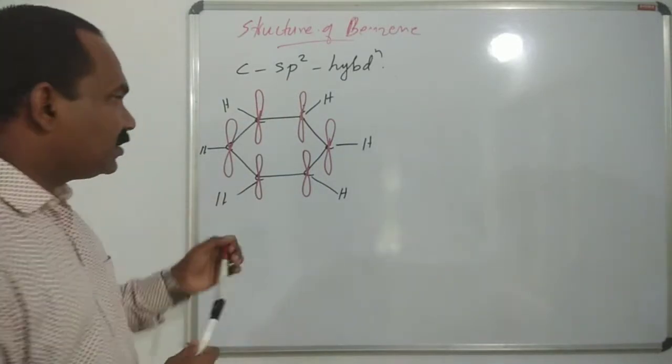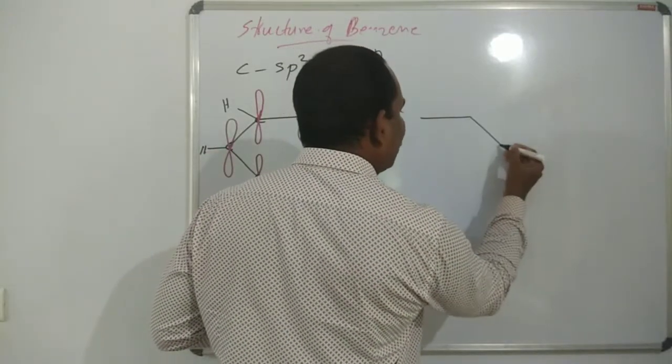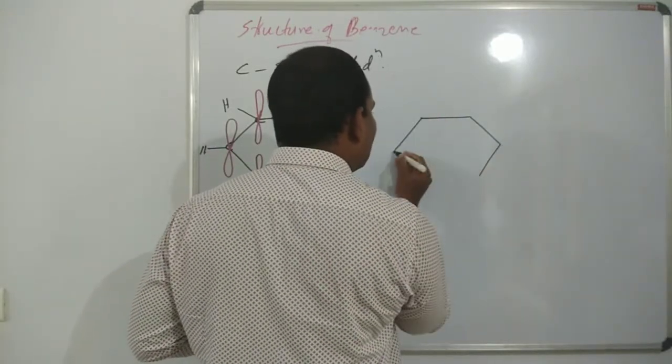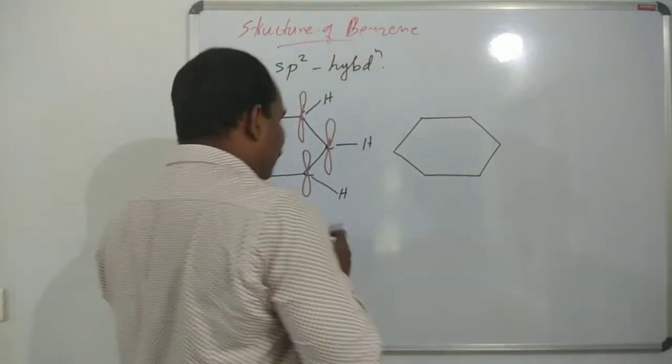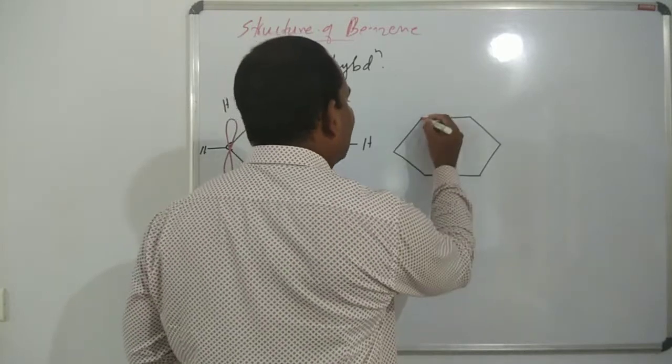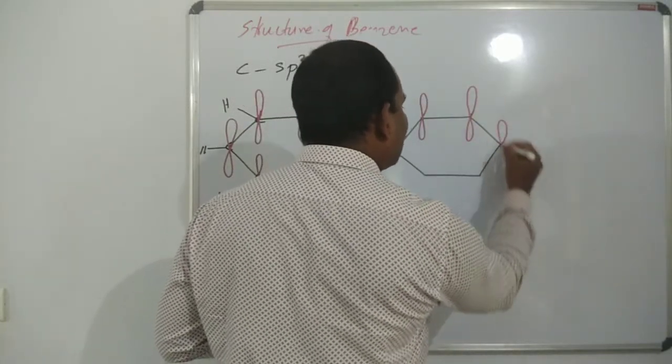For our convenience, we draw the structure like this, with hydrogen atoms condensed. Say the unhybridized p orbital is dumbbell in shape.